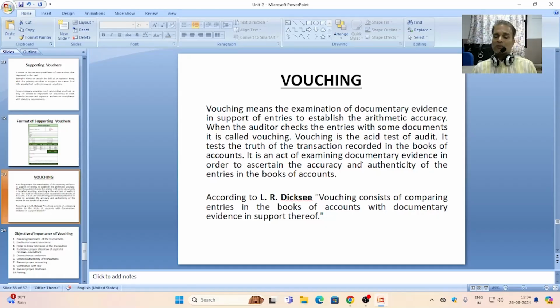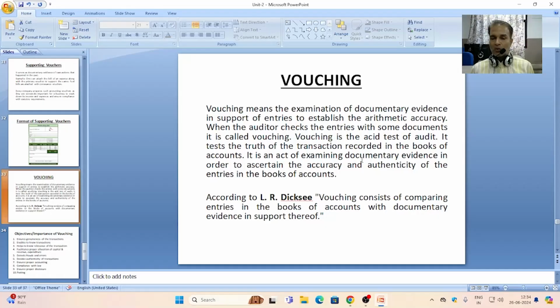Actually, in vouching, the auditor or his staff just do the comparison of what type of entries and how many entries are in the books of accounts, and in comparison to entries, how many bills, how many vouchers, or how much documentary evidence there is.